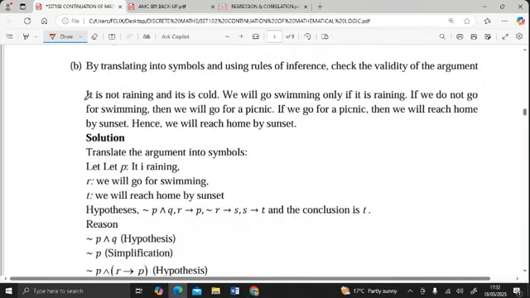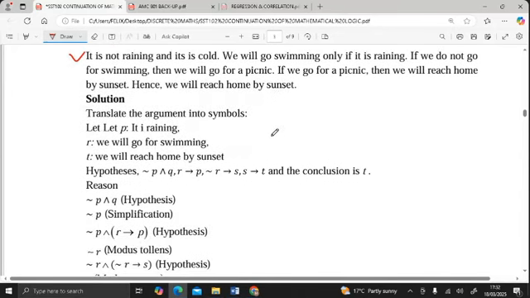All these lead you to this conclusion by how many rules of inference? We have two rules of inference here: simplification and modus ponens. Like in this case, we translate this into symbols. The first thing is translating this into symbols, and then after translating to symbols, make an argument out of that, then test the validity of that argument.